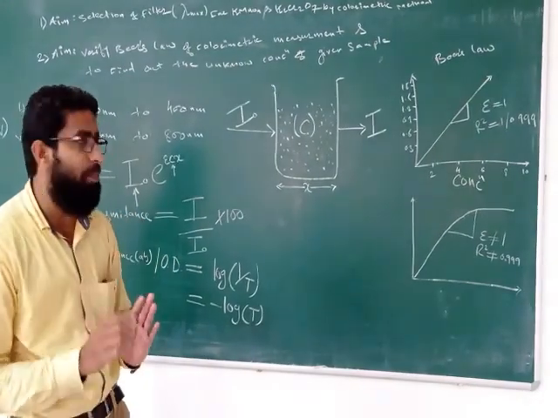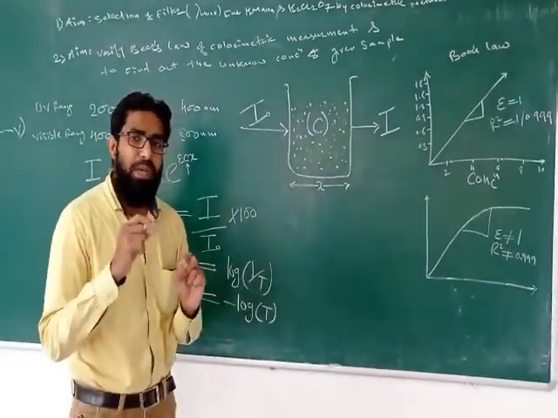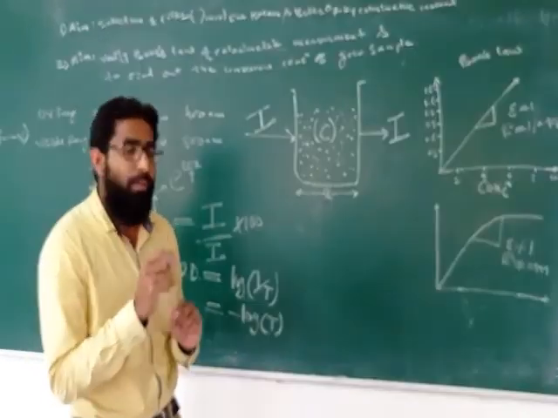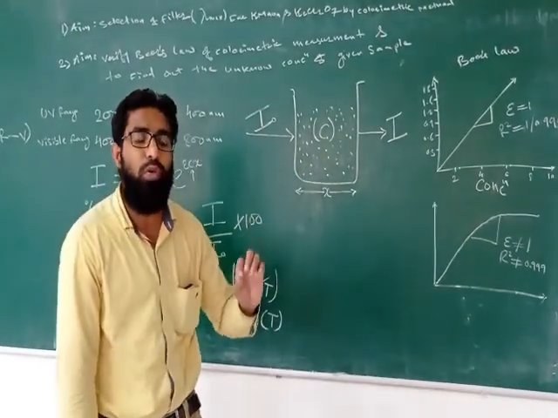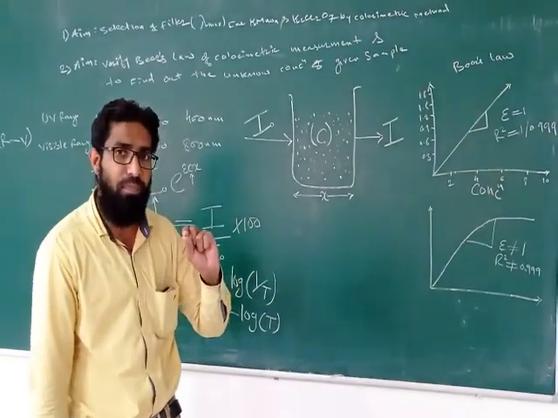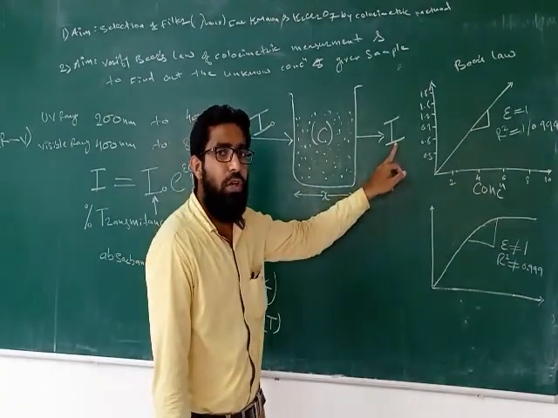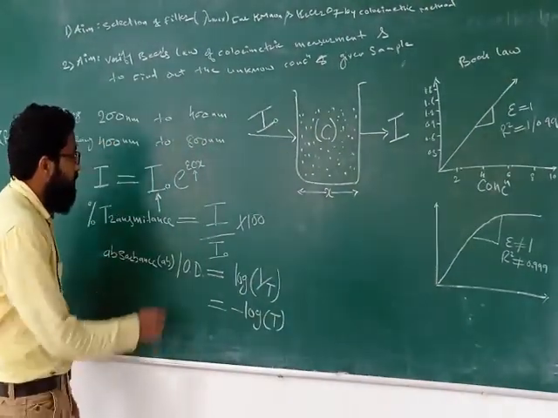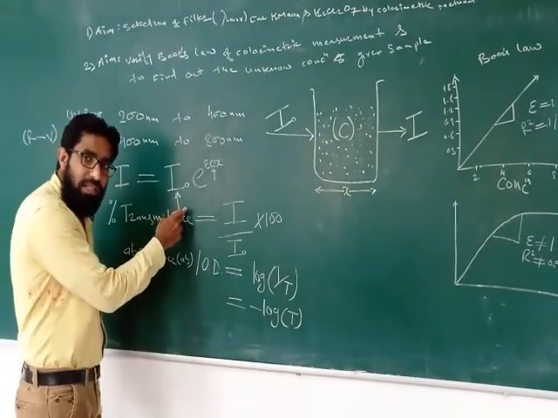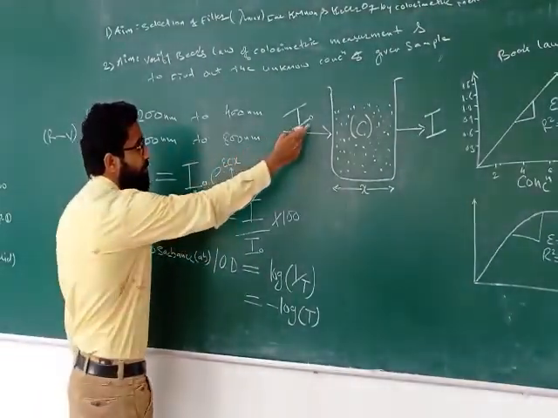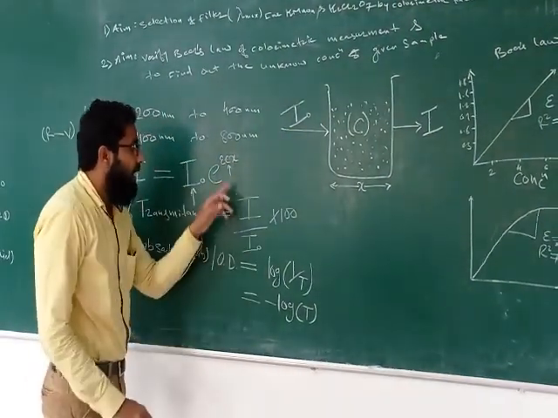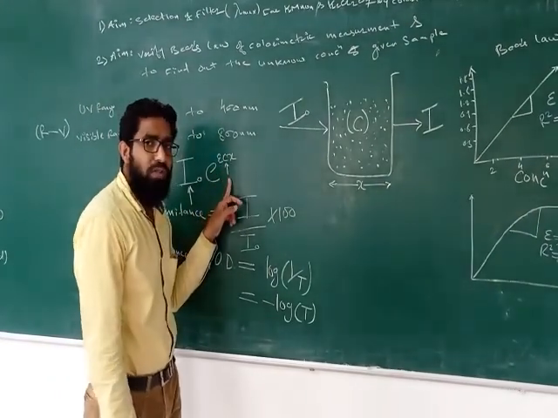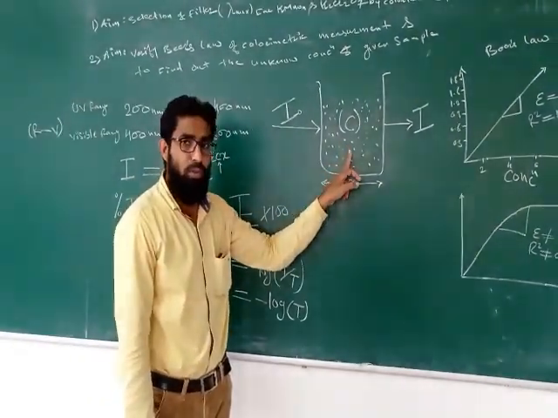Once again, I am repeating: the intensity of transmitted light is directly proportional to the intensity of incident light, that is I0, and the concentration of analyte present in the solution.